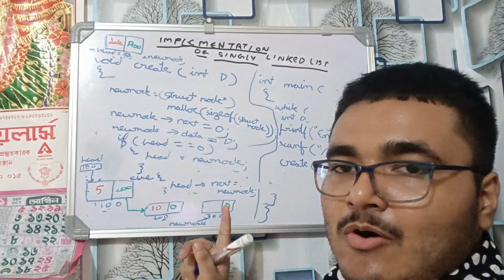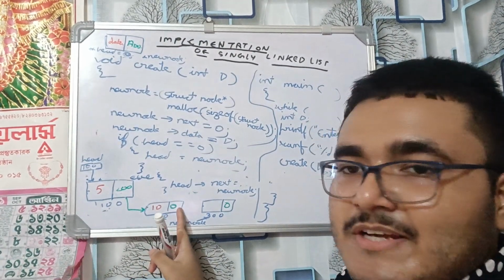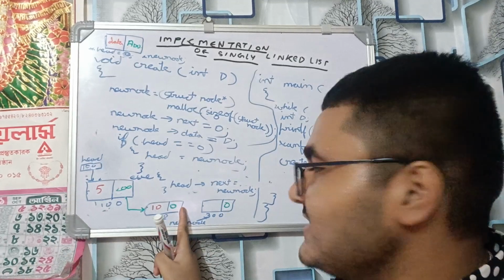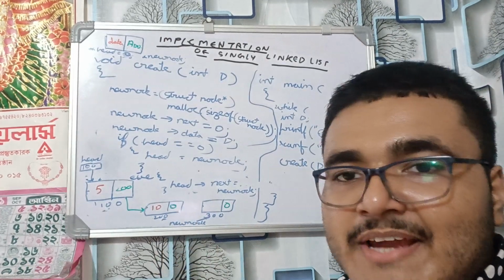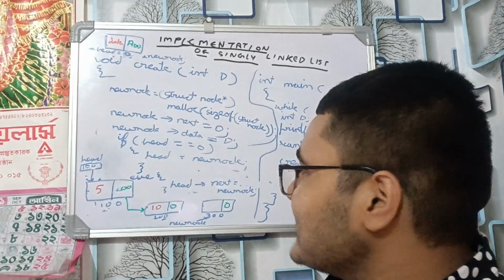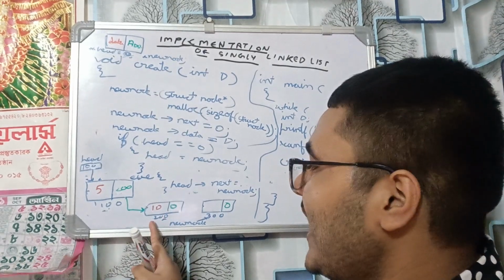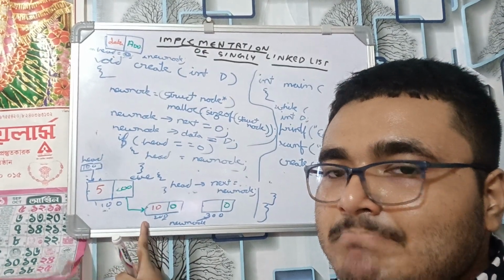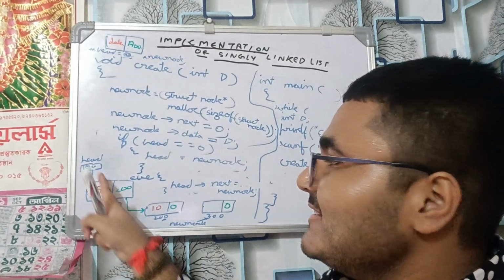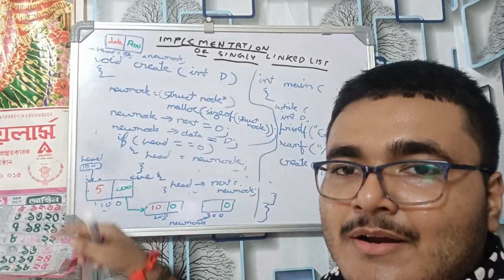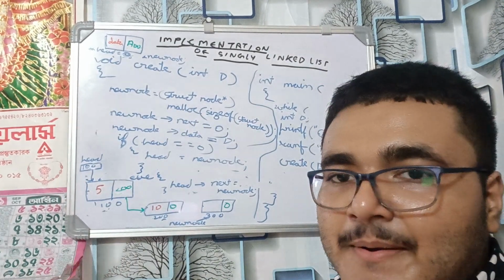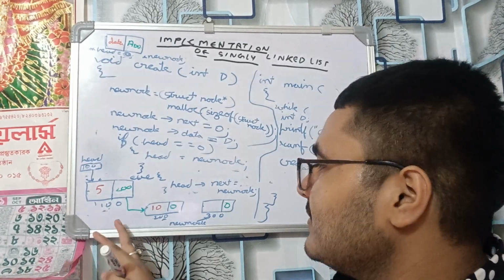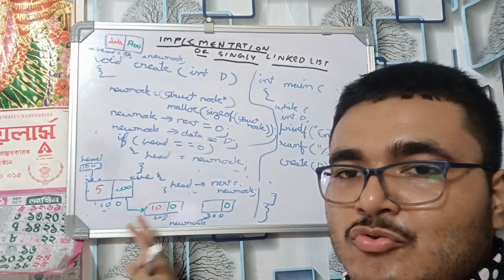Now the next of this node should point to this new node, right? How will we do it, because there is no pointer here? Head is pointing here. So how can I do it?